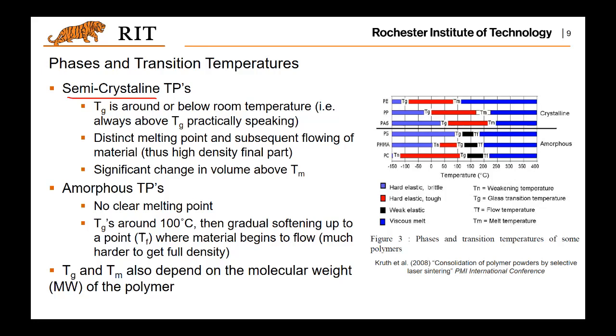As you can see here, the different thermoplastics are divided into different groups. Some of them are crystalline or semi-crystalline, and some of them are amorphous thermoplastics, right? Basically you want to know these before you make a decision to select materials for certain applications.